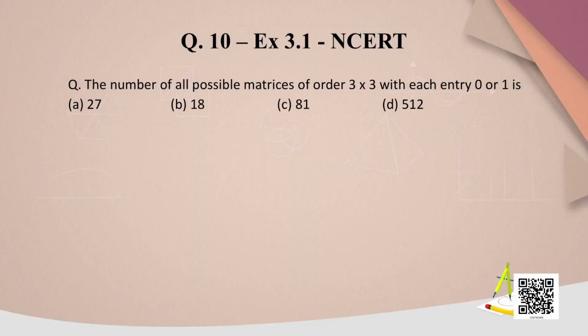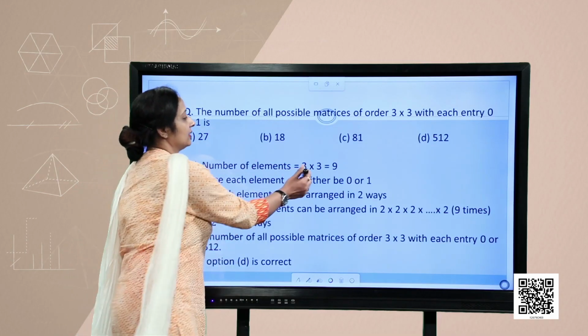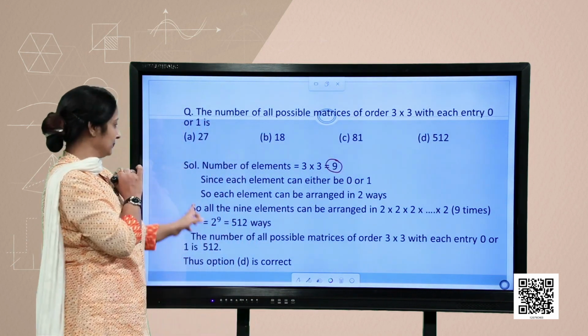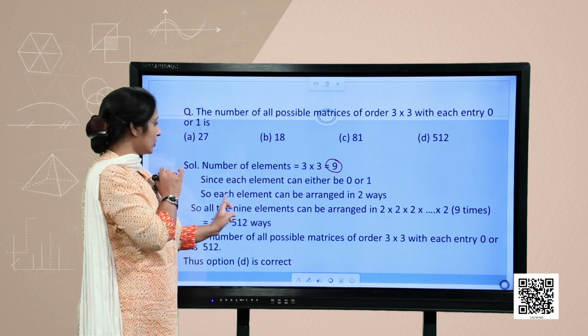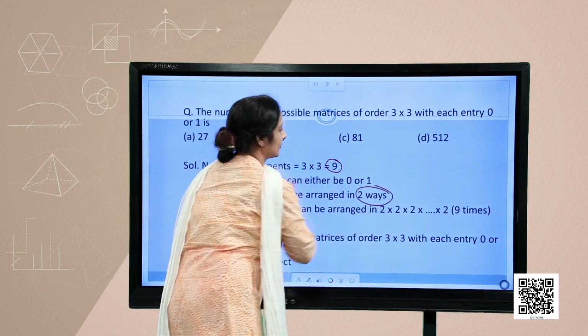One more question. That question comes under HOTS category. The number of all possible matrices of order 3 by 3 with each entry 0 or 1 is, you have to select the correct option. Number of elements is 3 by 3, that means total number of elements are 9 in all. Since each element can either be 0 or 1, each element can be arranged in just 2 ways.